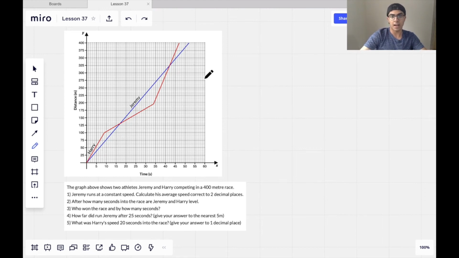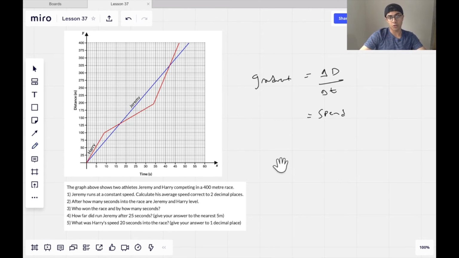It's saying if the time increases by 1 second, for example, how much does distance increase by? So the gradient in this case is change in distance over change in time, and if you know your physics, that's just speed. So the gradient of a distance time graph is just speed.